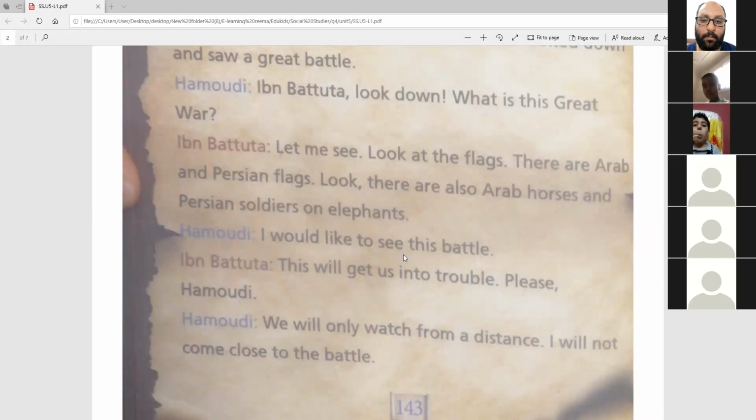Hamoudi: I would like to see this battle. Ibn Battuta: This will get us into trouble. Please, Hamoudi, only watch from a distance. Okay, so they will watch the battle from a distance. I will not come close to the battle. Hamoudi promised.